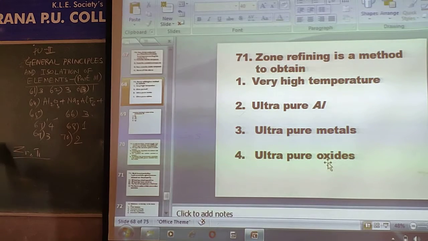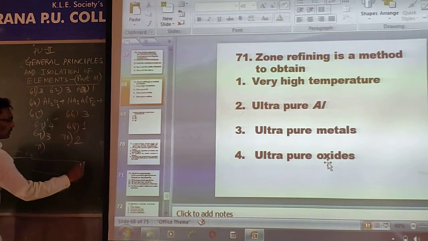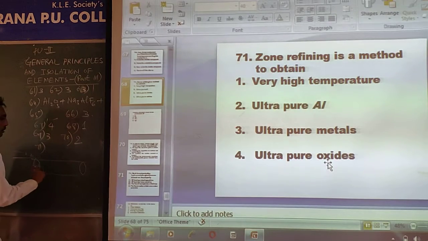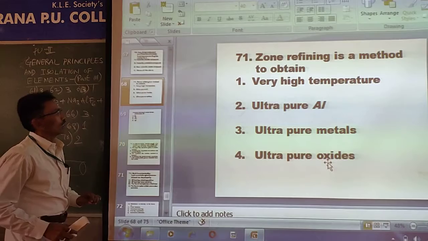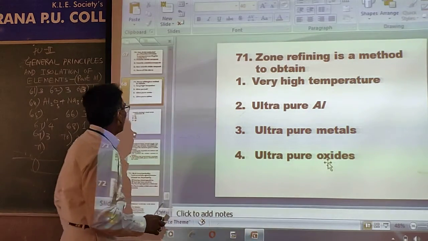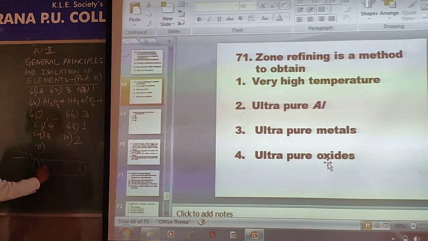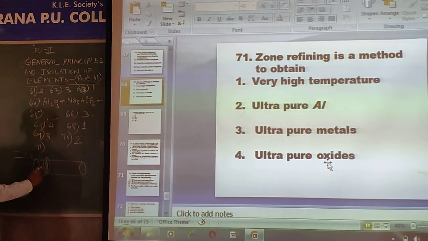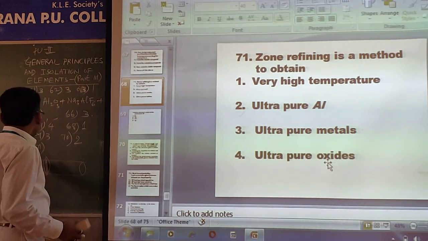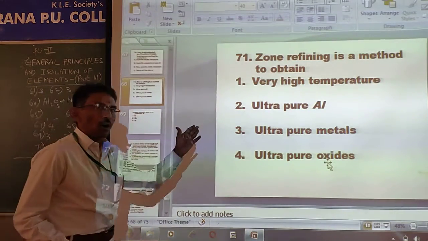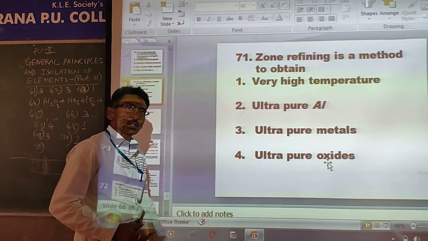Zone refining. What is zone refining, dear students? Zone refining is done with heating facilities in the form of a zone, taken over the impure metal. A heating coil is there. In the heating coil, impurities come into the melt, and as the melt moves from one end to the other end, the impurities are more soluble in the melt than in the solid form.